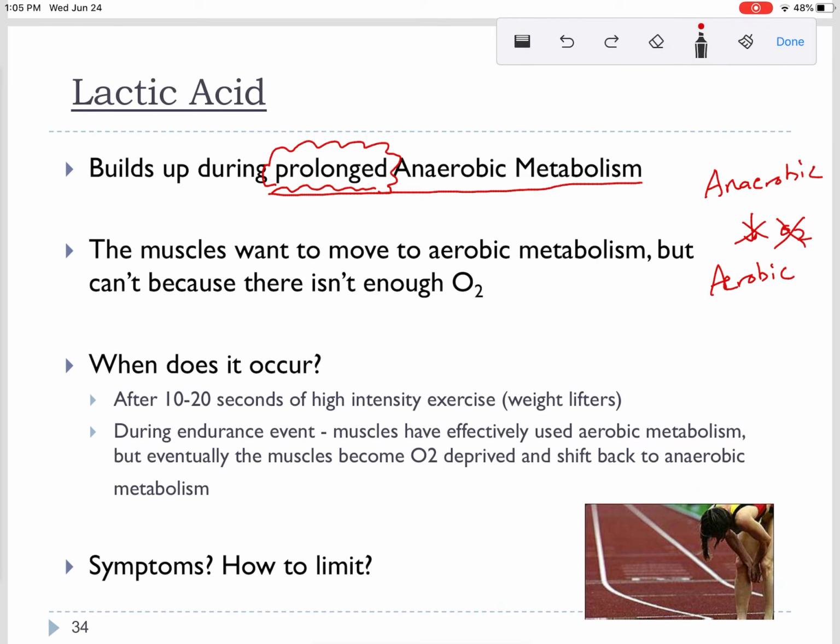But if I don't have enough oxygen, then I can't move to the aerobic means, and I'm forced to stay here. And when your muscles are forced to stay in the anaerobic metabolism for a long time, they will produce and accumulate excessive lactic acid. This could occur during prolonged high-intensity exercise.